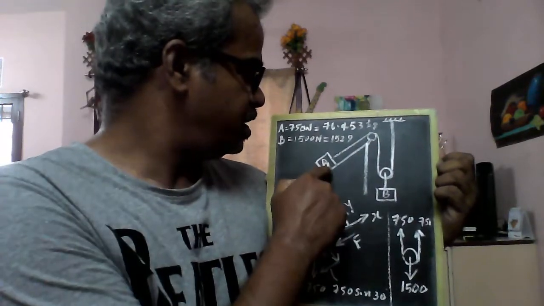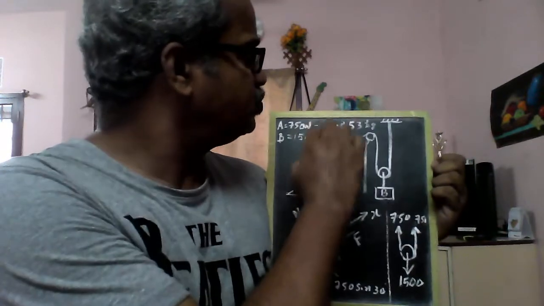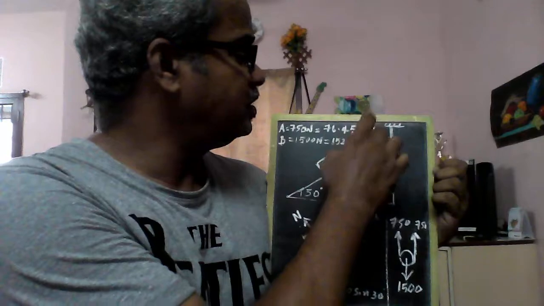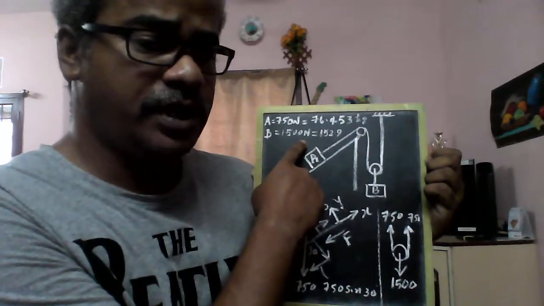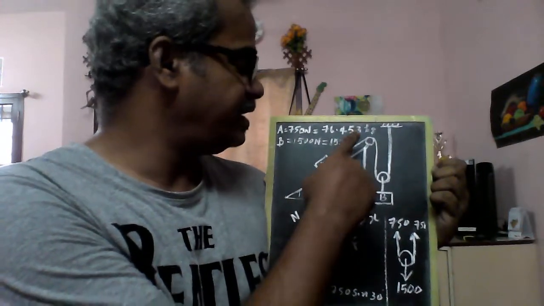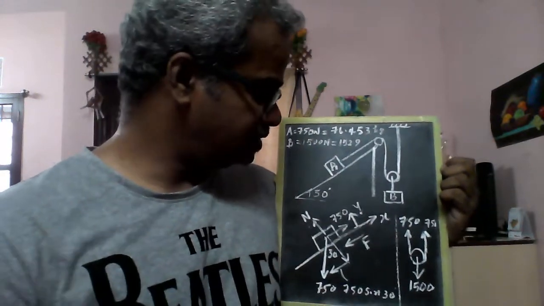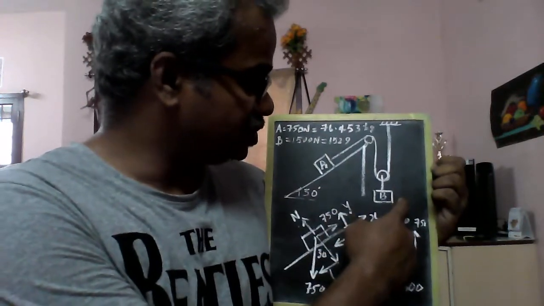So body A has a weight of 750 Newton, so the mass will be 76.453 kg. Body B will be 1500 Newton, so the mass will be 152.9 kg. So what is the problem? What is the acceleration of A and acceleration of B?